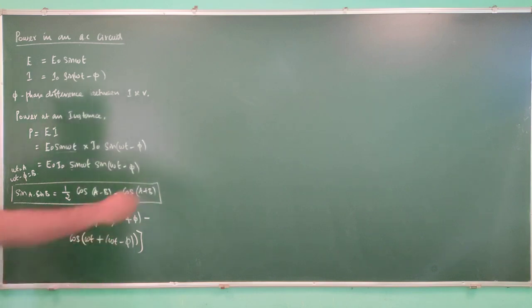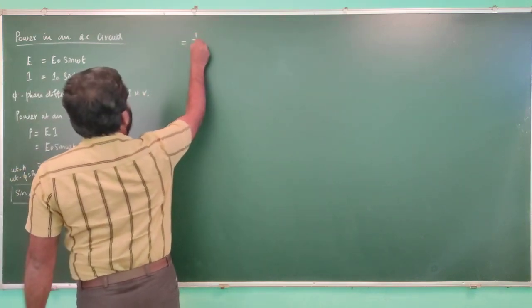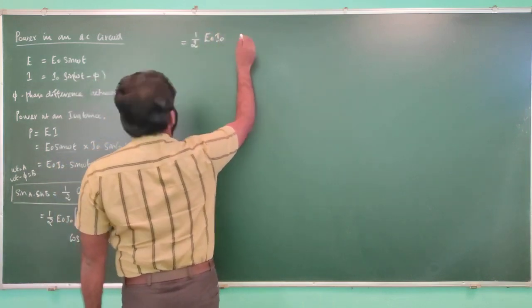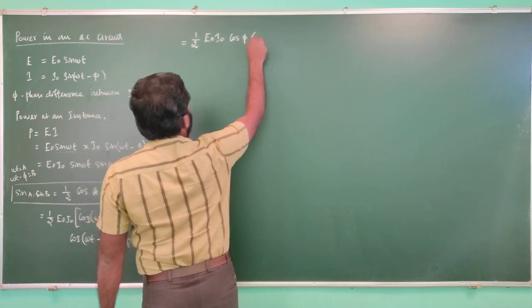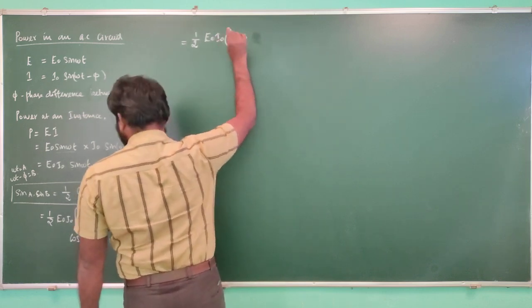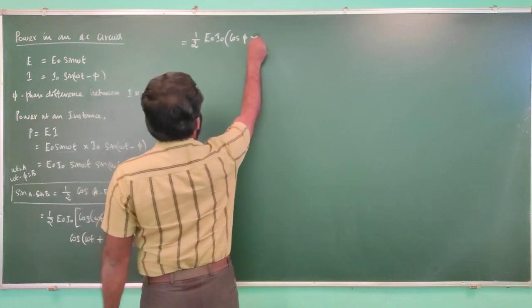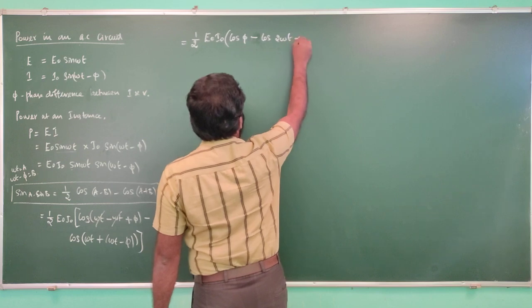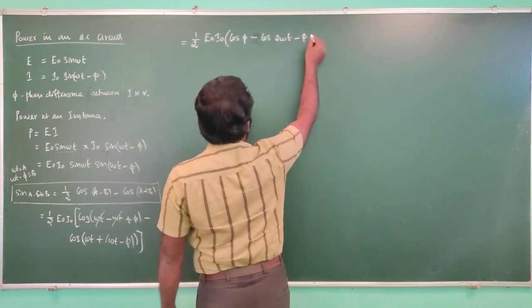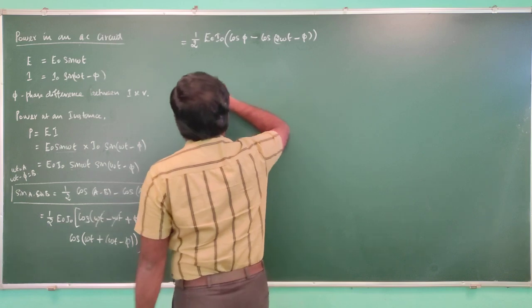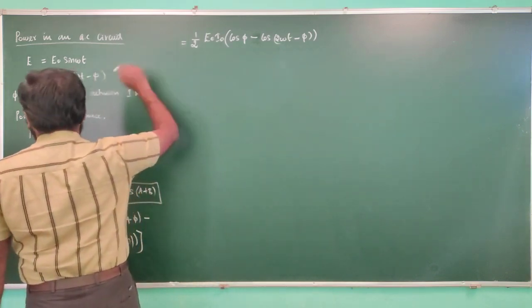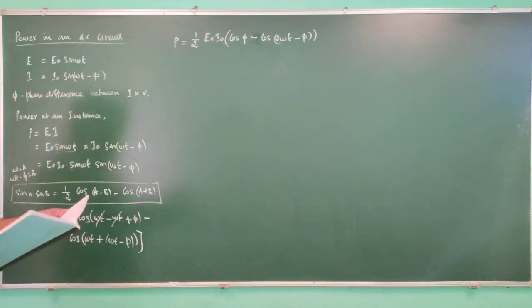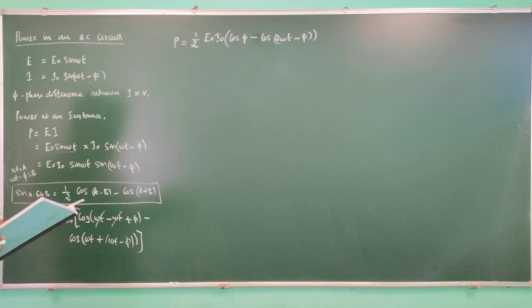So the equation becomes 1 by 2 E naught I naught times cos pi minus cos 2 omega t minus pi. This is the equation for instantaneous power.